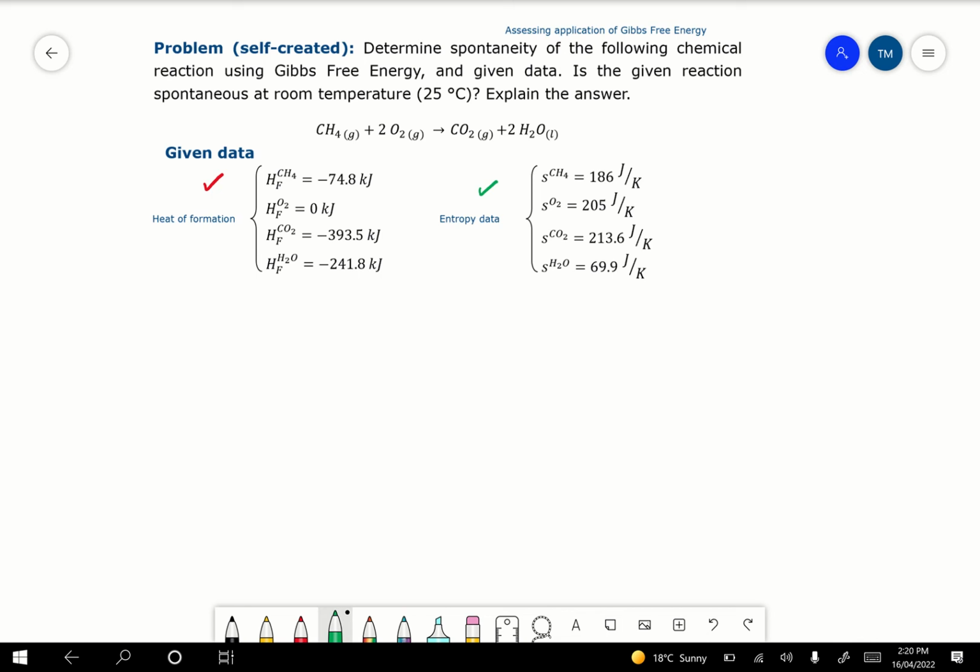So basically, if you remember, we know that if delta G, which is equal to delta H, which is enthalpy change, minus T delta S is less than 0, then this process is a spontaneous process.